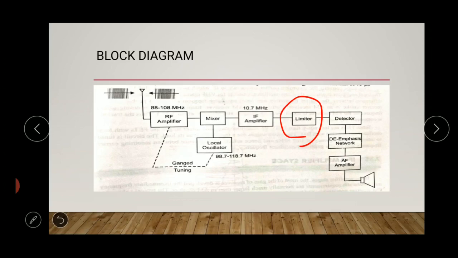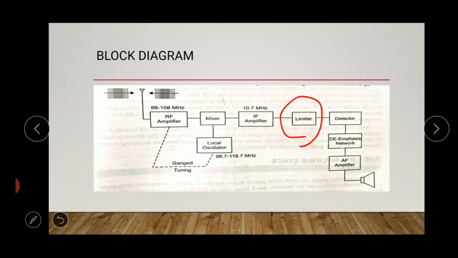Limiter is a sort of clipping circuit. If the limiter is not present, due to the presence of noise in the received signal, we never recover a proper audio signal. So, the limiter is used to give a constant amplitude signal.